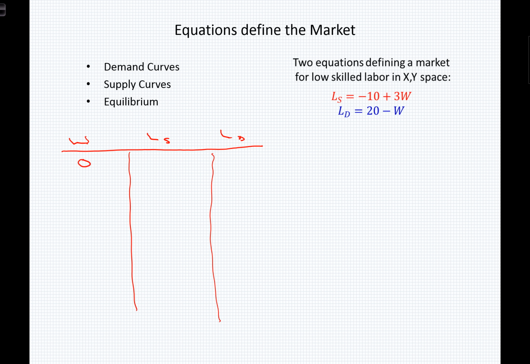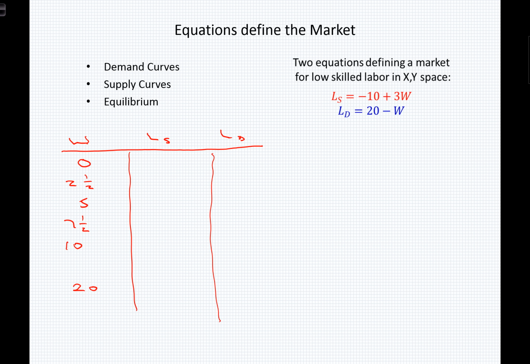So let's use 0, 2 1/2, 5, 7 1/2, 10, and then we'll jump down to 20. The way that we're going to think about this is we're simply going to plug these wages into each of these equations to find the new value of labor supply or labor demand given that W.